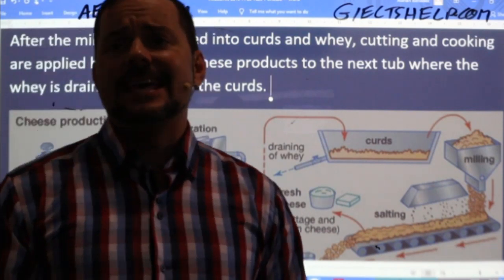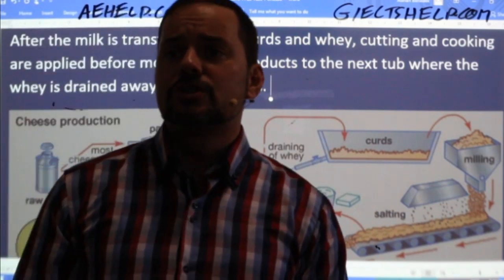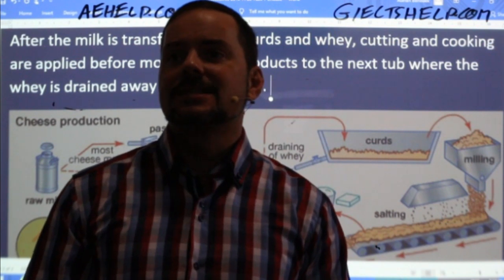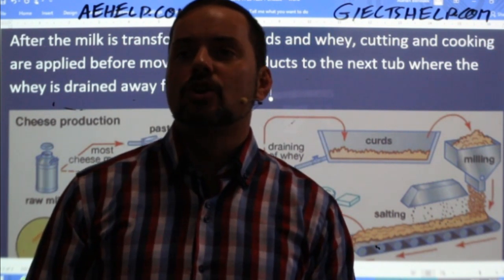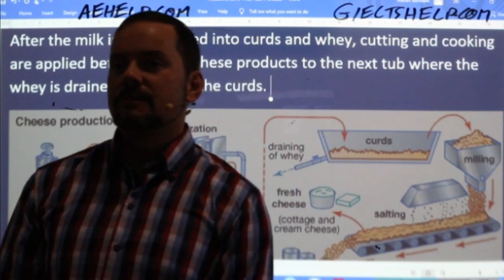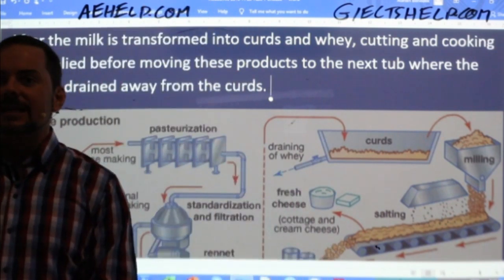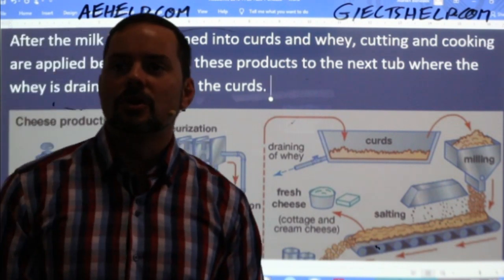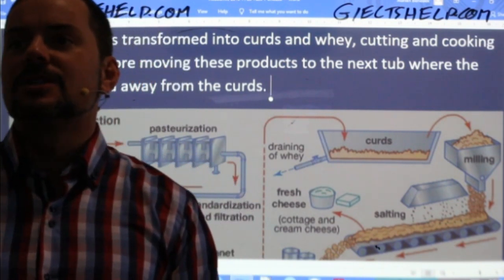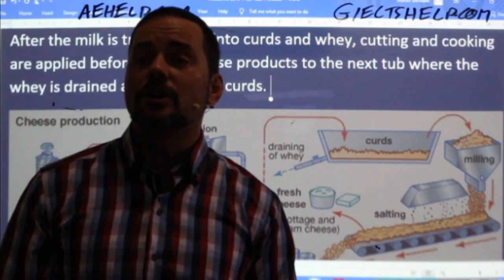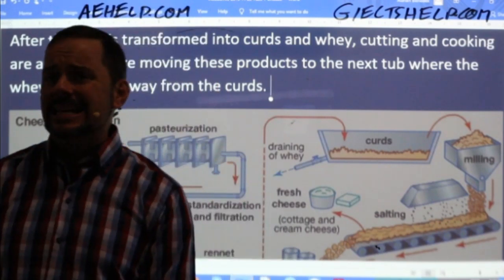Vanessa says, then the curdled milk goes through a cutting process and is stirred and cooked at the same time. Okay, Vanessa, nice. NA says, when the process of coagulation is complete, the milk is transformed into curd and whey, which is then cut, stirred, and cooked. Really nice composition.